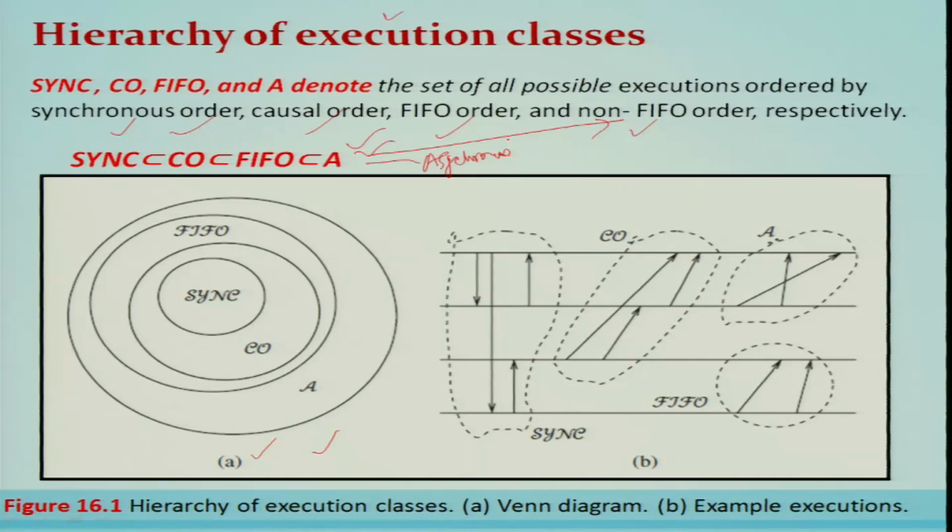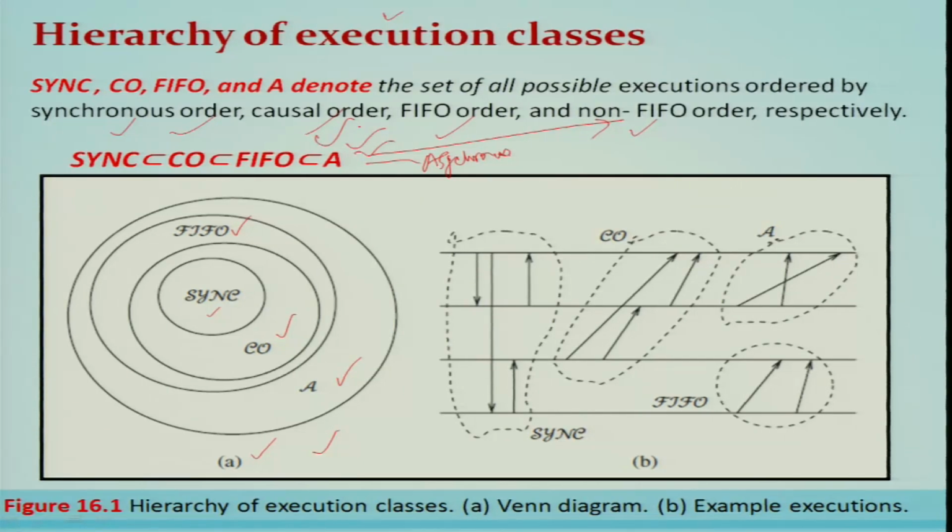So asynchronous doesn't follow any order, and that is why it is non-FIFO. So we can see from this hierarchy that sync order is a proper subset of causal order, causal order is a proper subset of FIFO, and FIFO is a proper subset of non-FIFO or asynchronous.